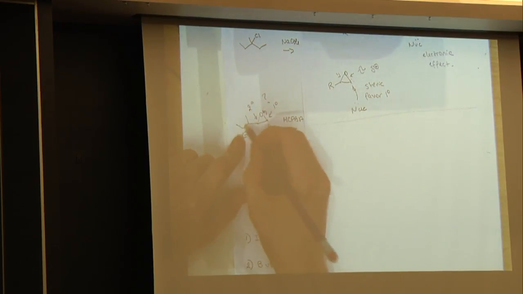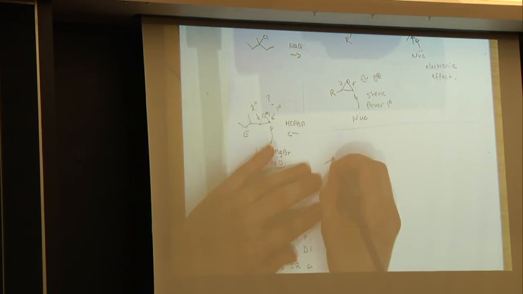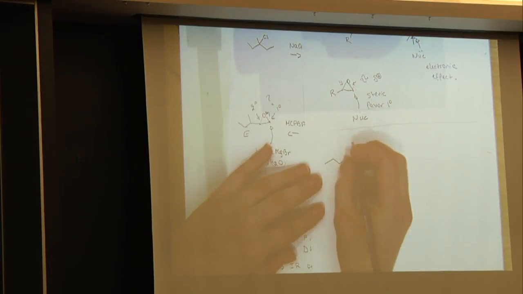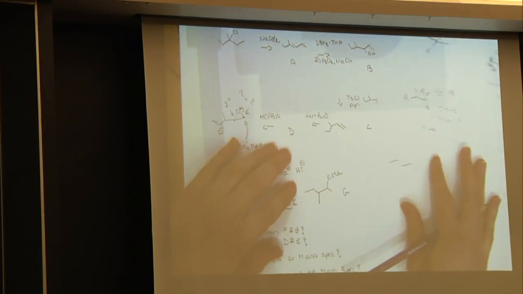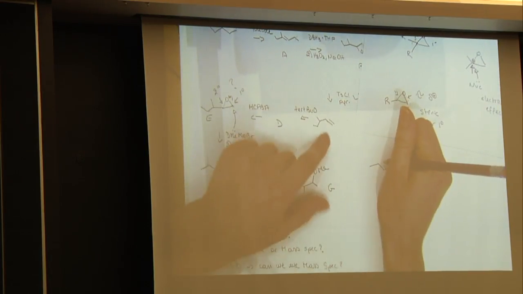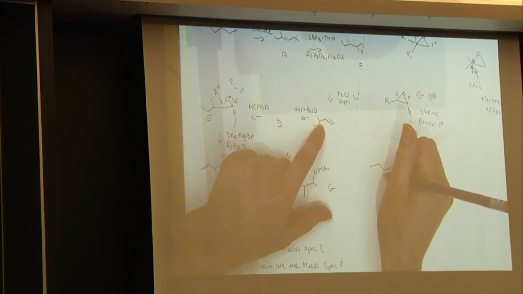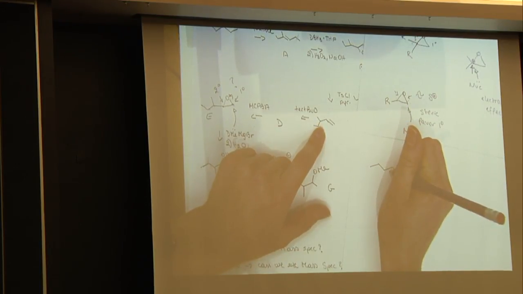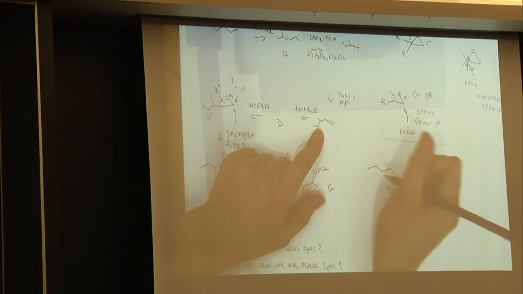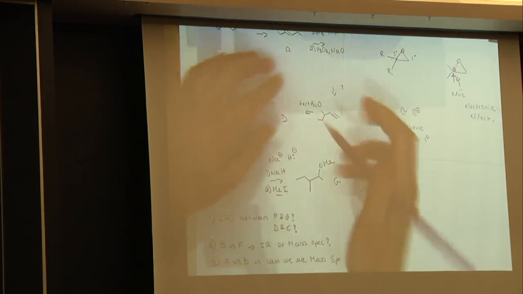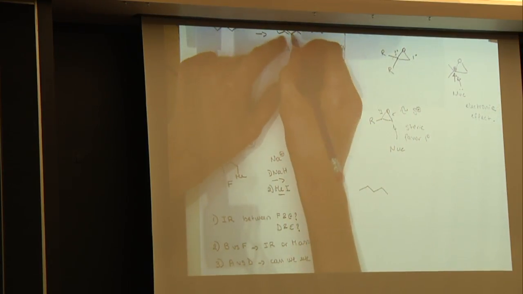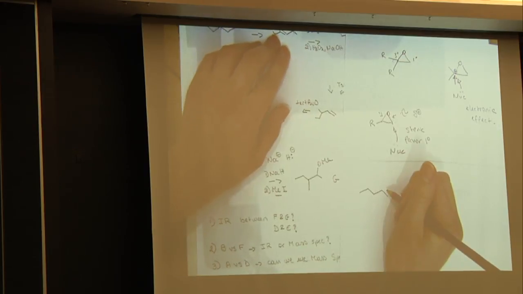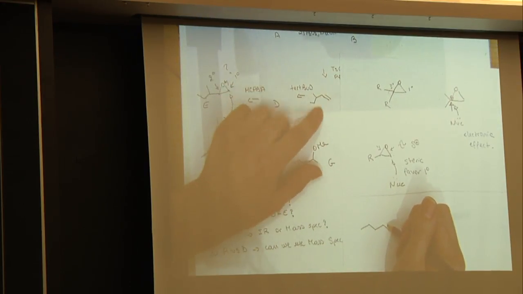Okay, so 1, 2, 3, 4, 5, okay. So, this is what we had. Let's go back, guys. Okay, 1, 2, 3, 4, 5. Did we start from this?